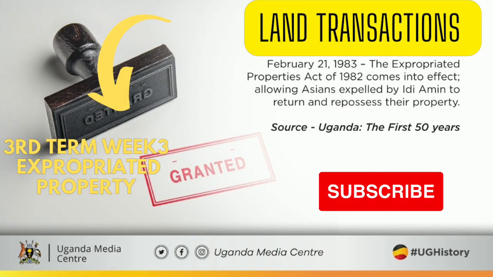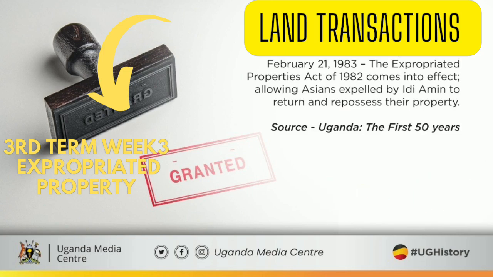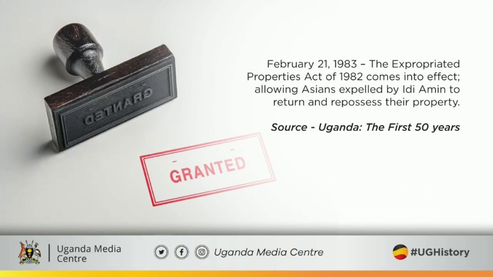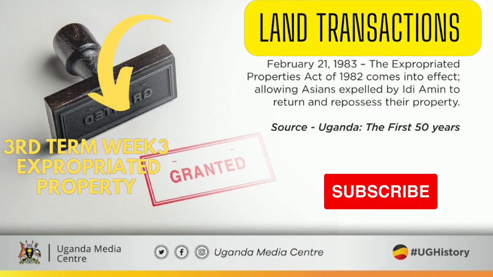By the fact that this land was expropriated, the district land board ceased to have authority to deal with that property. So whoever acquired the lease from the district land board didn't acquire good title. Reason: the district land board had no mandate.